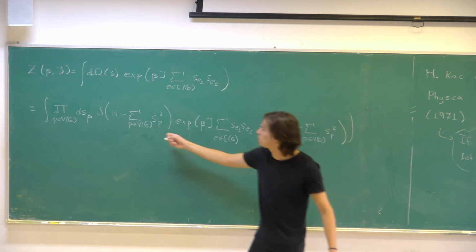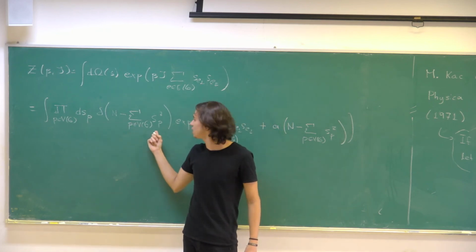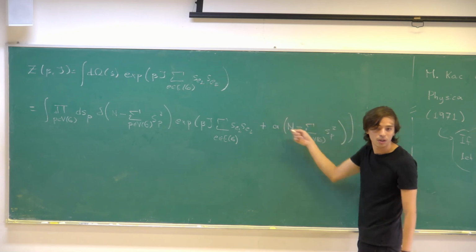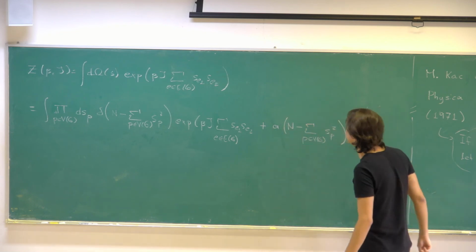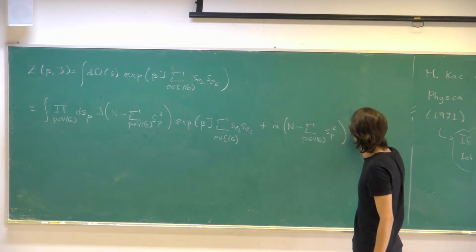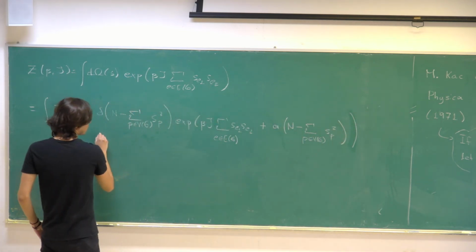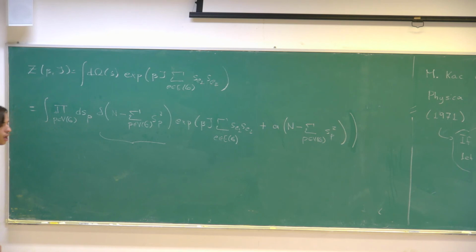Because by this restriction, this measure only has mass on the s's which satisfy this condition, on which this is 0. So all that I've done is add 0. On the other hand, I'm going to replace this delta function by its integral representation.